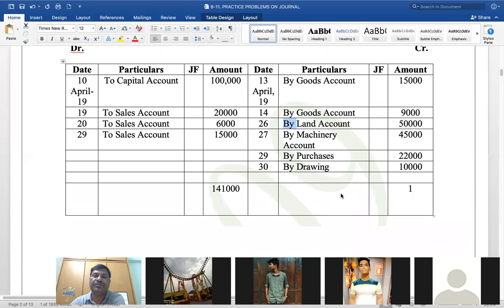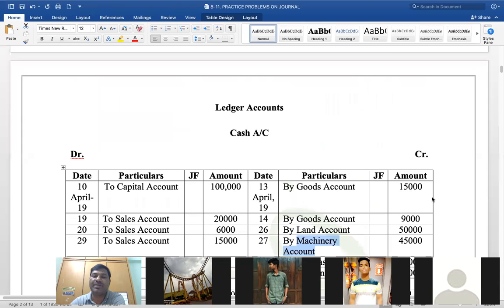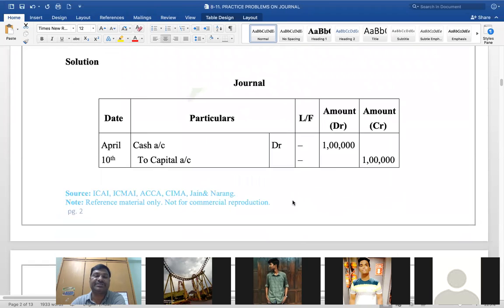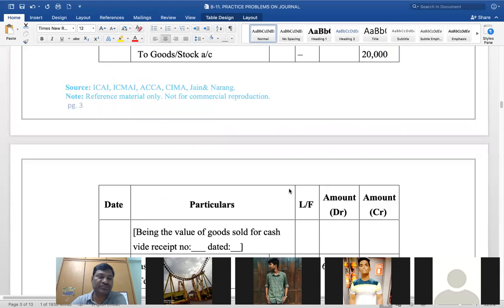Machinery account is debited and cash account will be credited. 45,000, and the date is 27th. Next, 27th is over. Remember like that.